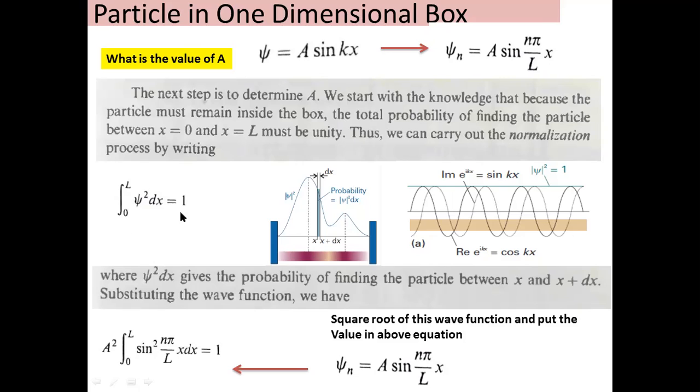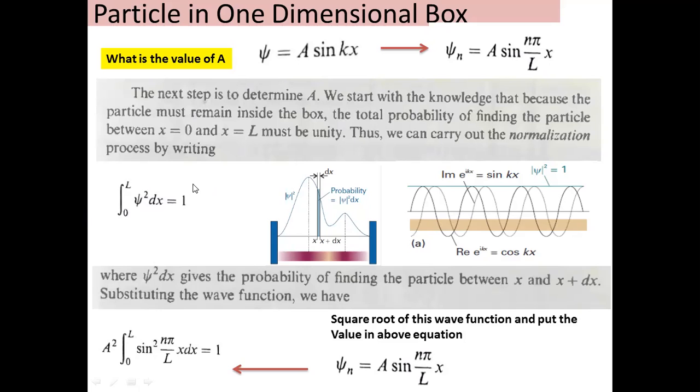So we are using this formula. What is this? Actually, this is the normalization process, as we call it in mathematics. I am going to take the square of the wave function with the differential, the change in dx, and that will be equal to unity.